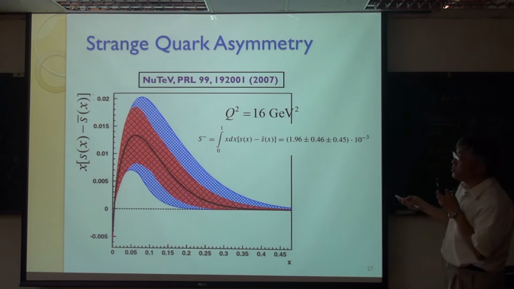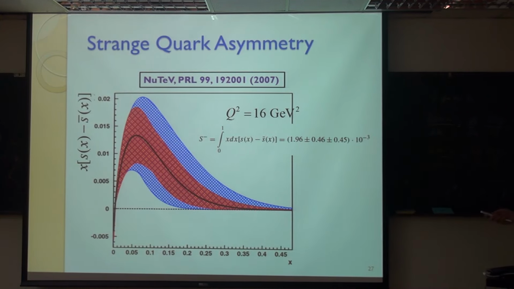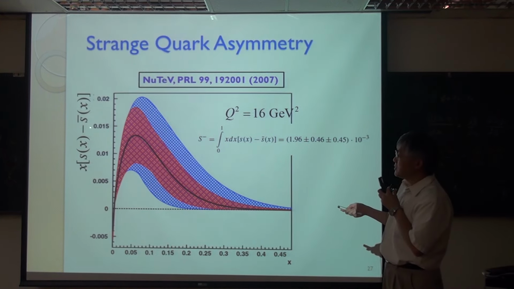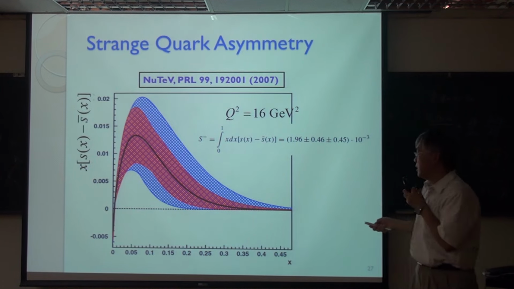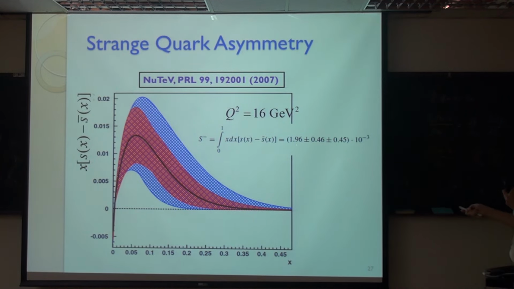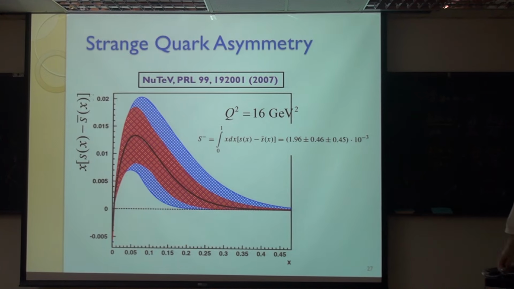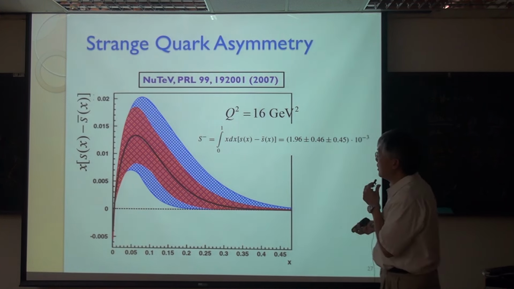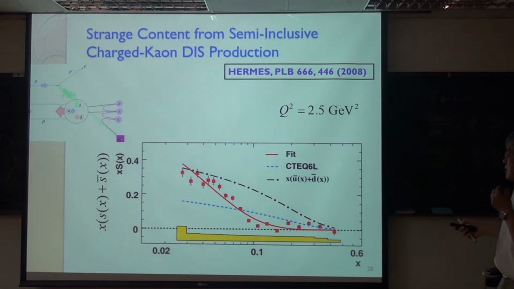This is the so-called NuTeV-CCFR experiment, the most precise measurement so far for s minus s bar, the asymmetry of the strange quark. Unfortunately, the error bar is too big, so there is still no conclusive information on this. Maybe I will skip this one.